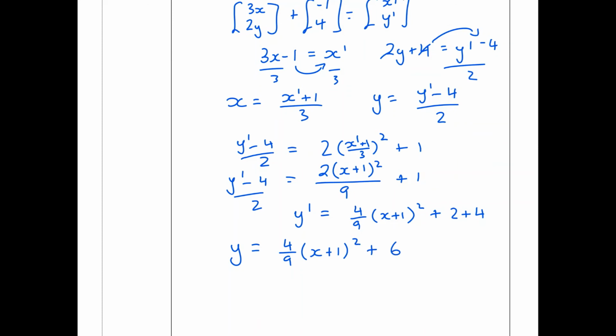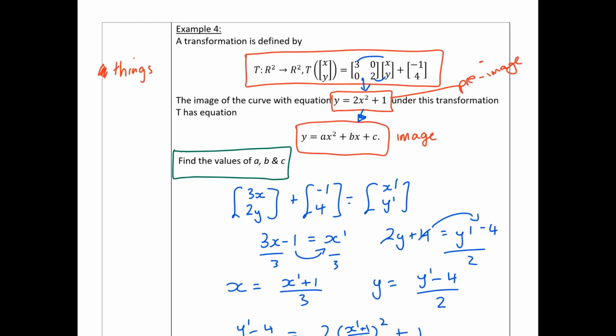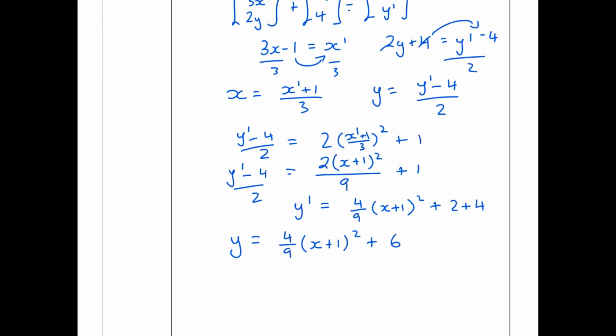However, the question was more difficult than that. It didn't say find the image. Remember, it said that the image has this form, which is in standard form, find a, b, and c. Now, in order to do that, I need to fully expand out this expression, and then a will be whatever the coefficient of x squared is, b will be the coefficient of x, and c will be whatever the constant term is.